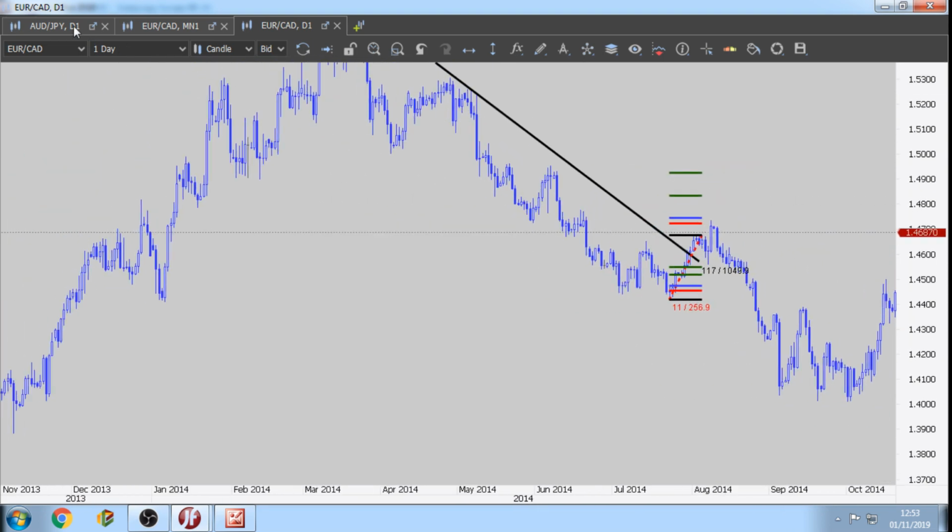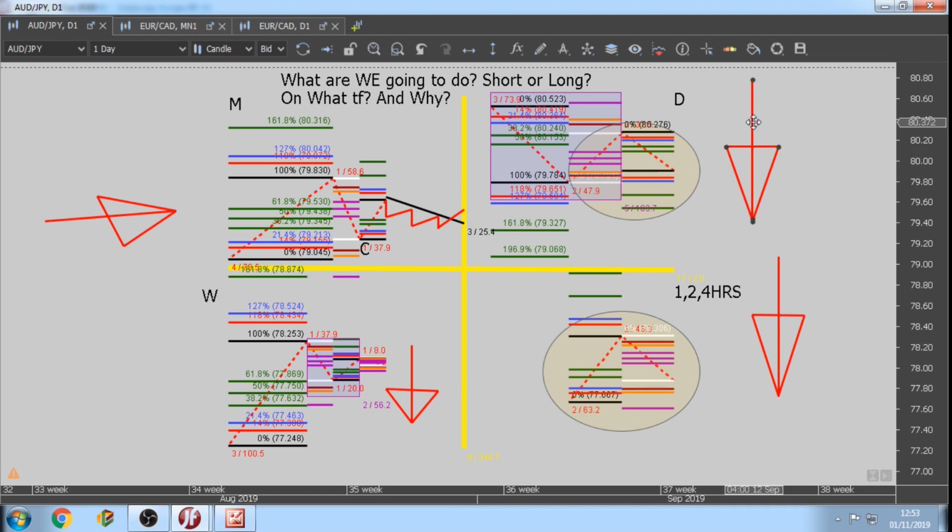So what I'm trying to tell you, and what I'm trying for you to understand, is that long-term bias is one thing, but you need to address the short-term bias also to make pips and money.